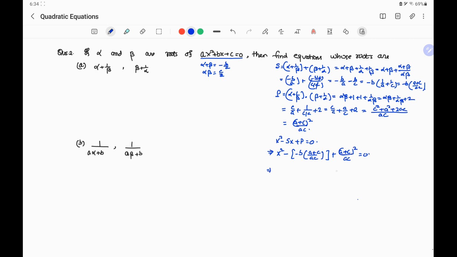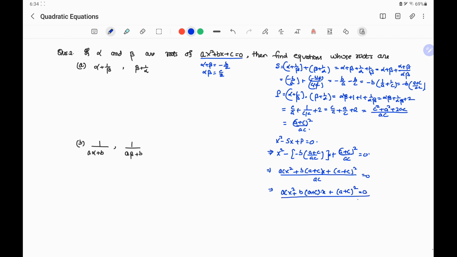Taking the LCM, it is ac, so we will have ac x square plus b into a plus c into x plus a plus c whole square, it is equal to 0.